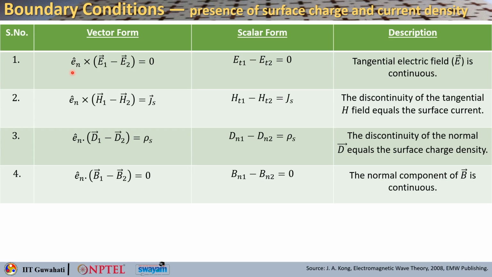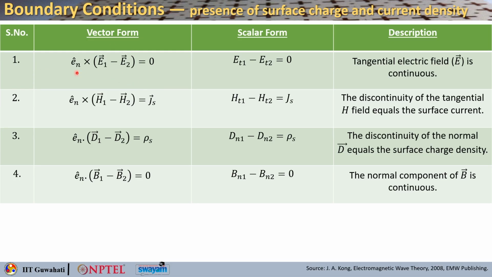I am just showing you a different notation, because in different books you may find n cap directly, or the electric field vector shown in bold, or with an arrow on top. They are all similar.